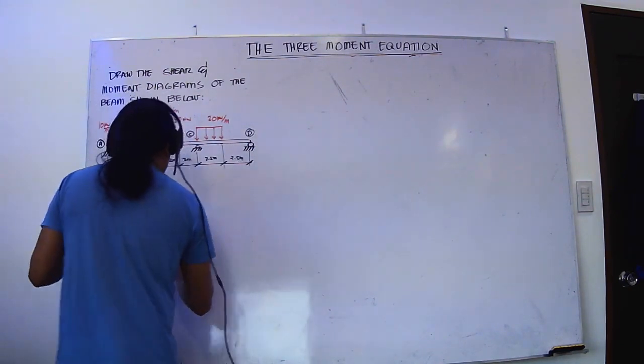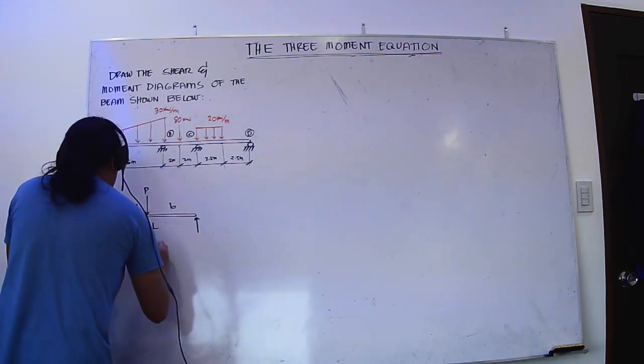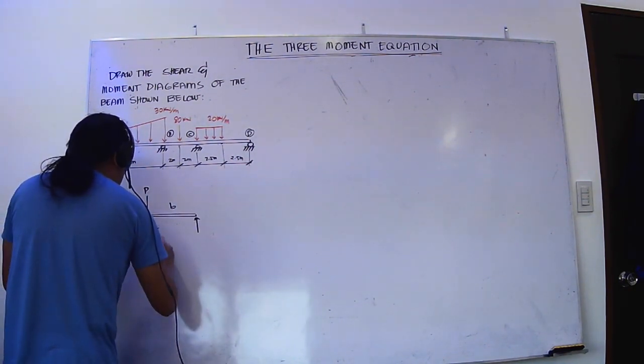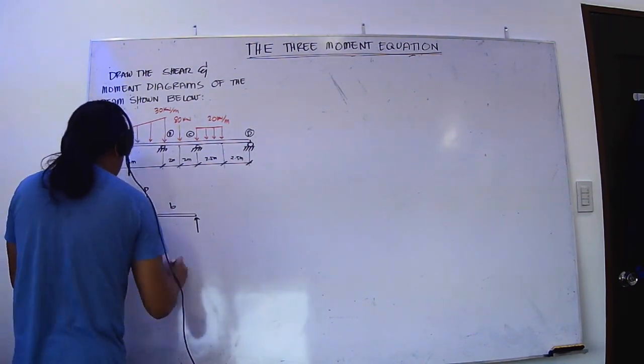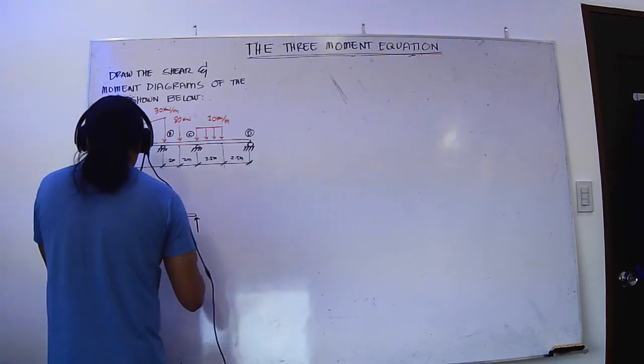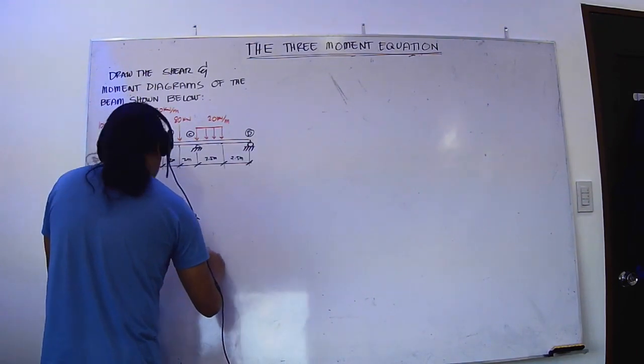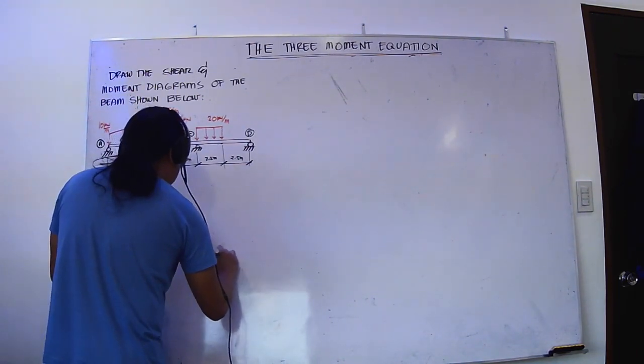Now, 6A1 over L is equal to P over L times L squared minus A squared.